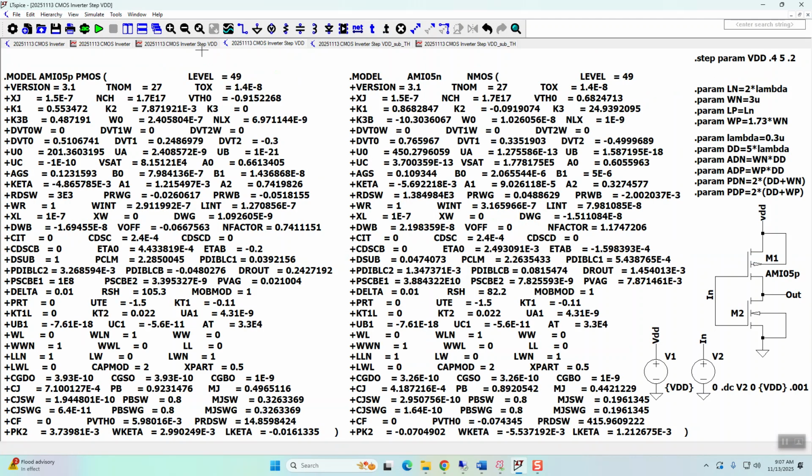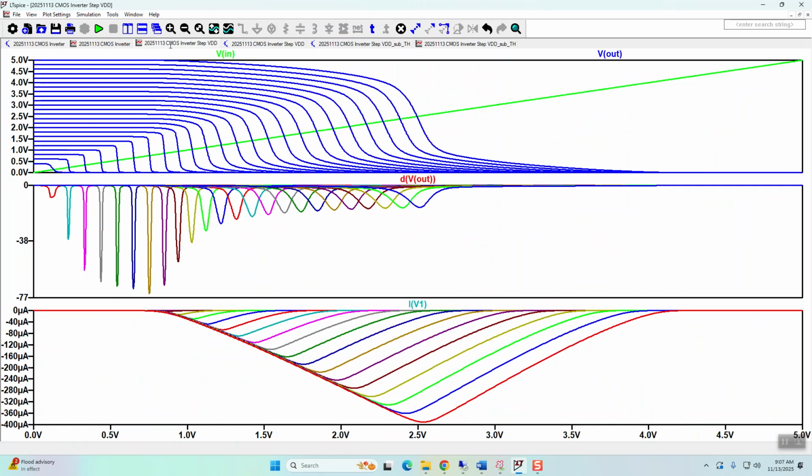Then we explored reducing the power supply. As a circuit designer, you control the power supply. So if you want to decrease the current, you can decrease the power supply, but it changes things, right? But you can make sure that at least it's a logic gate.